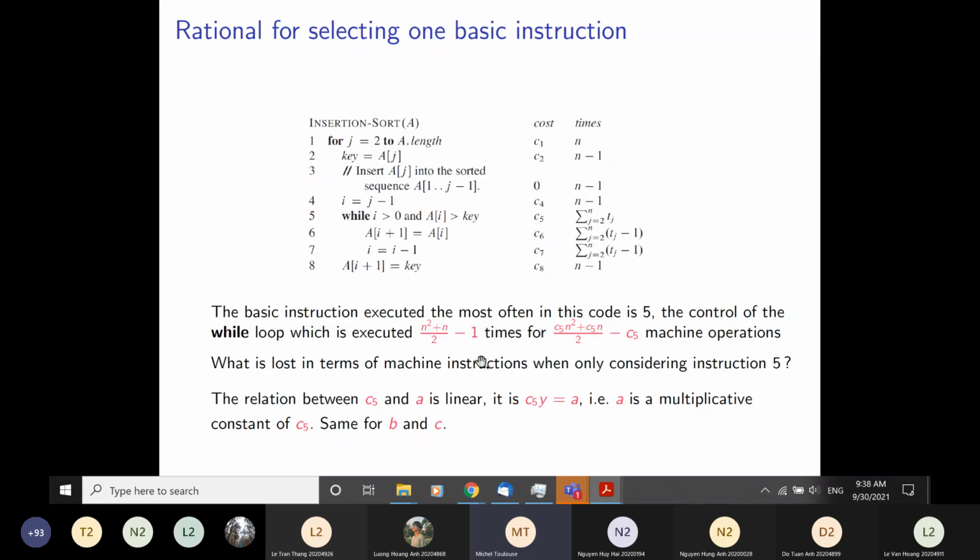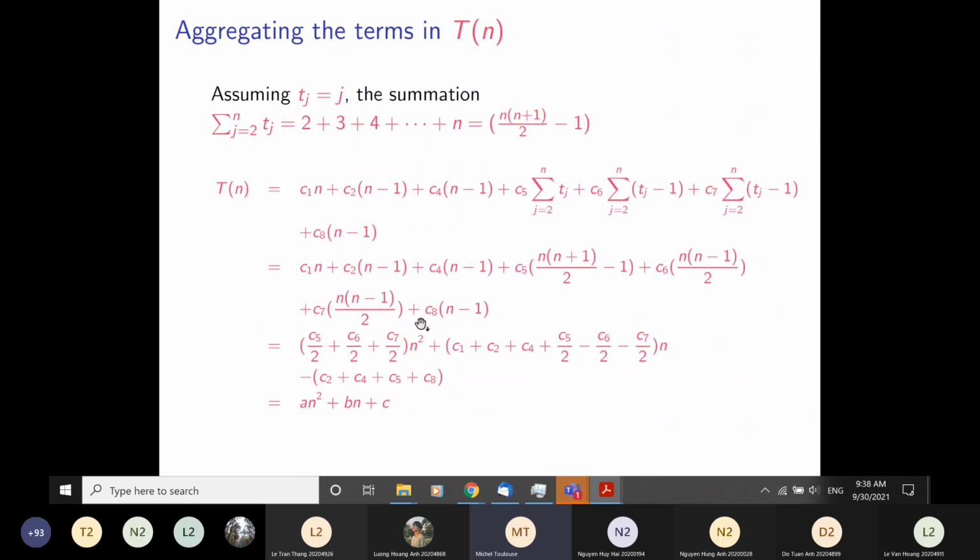What do I get? I get that the number of machine instructions for this while loop is equal to c5 n squared plus c5 n over 2 minus c5, okay? Why do I have this minus c5 there? Let me go back to this.